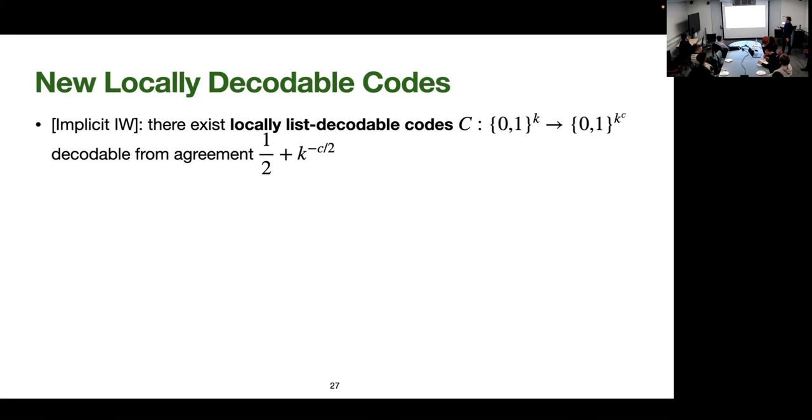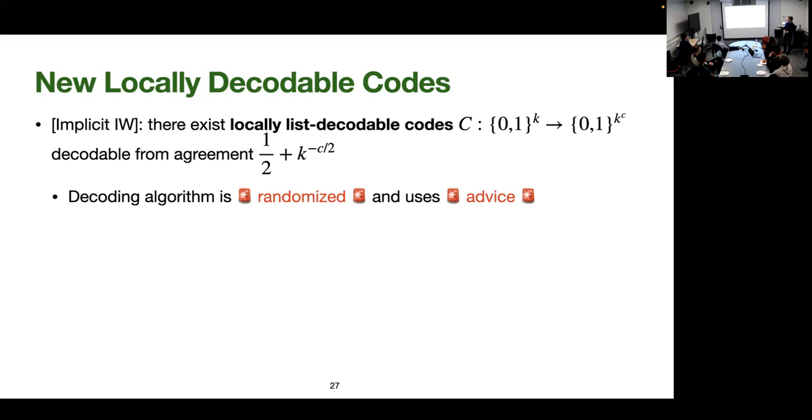That are list decodable from agreement, basically 1/2 plus epsilon from the previous slide, which forces the parameters here. Basically, if you have the ability to compute something in this fraction of positions, and you have a little bit of advice, you have the ability to compute the original message everywhere. So this is precisely the tool that we want to go from average case to worst case.